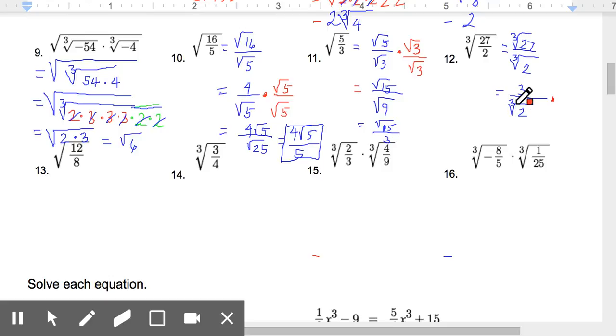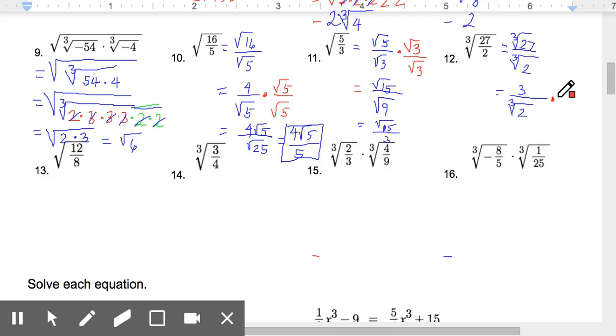Now we have to remember that when we're getting the cube root, we are going to look for 3 identical factors. Here I have 2, which is a prime number. So in order for me to be able to get rid of that cube root, I need to have 3 2's.